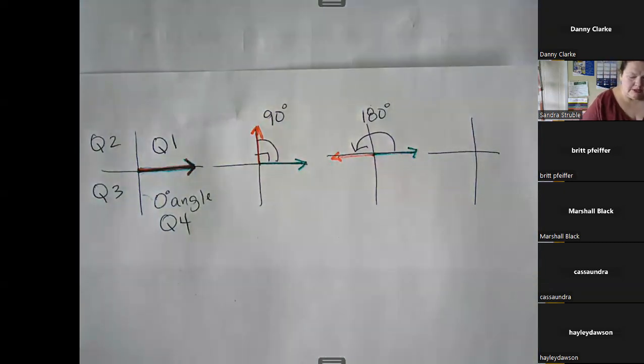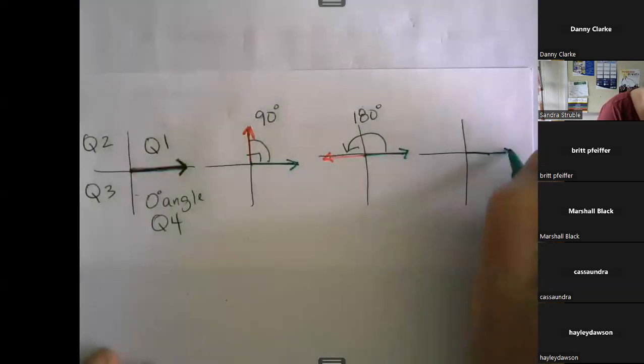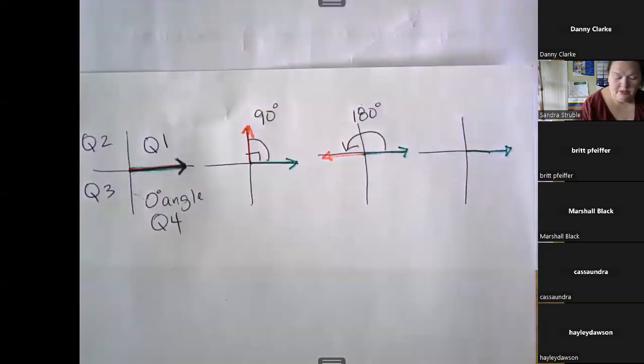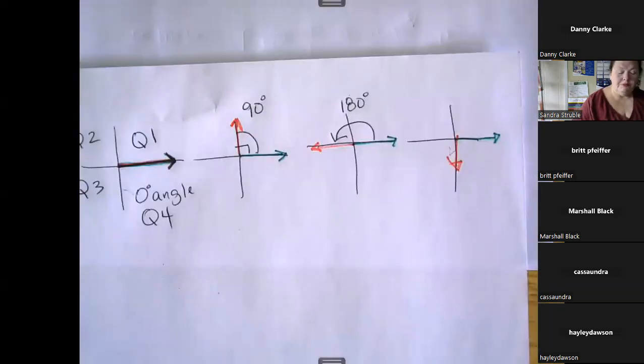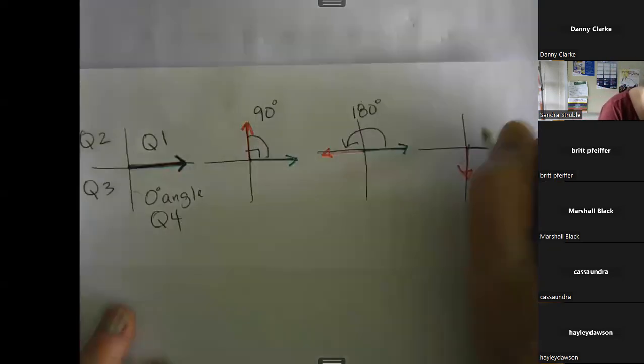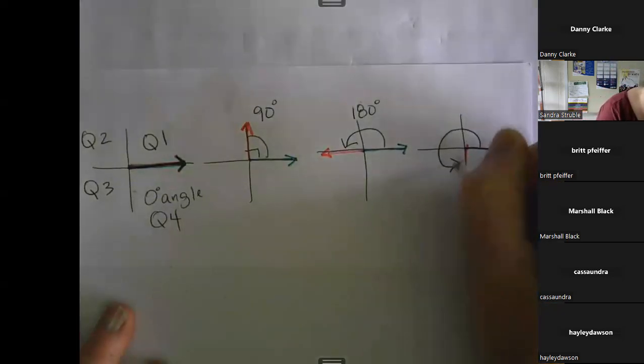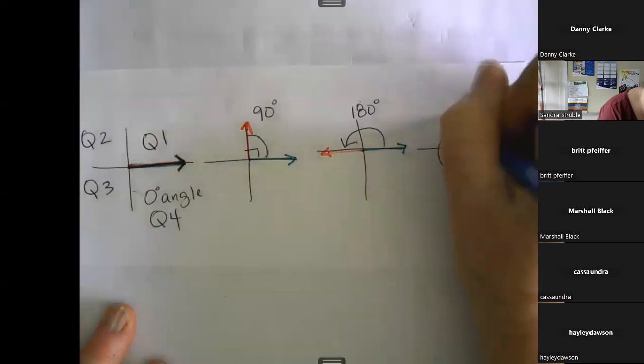Last one I want to talk about, 270, because we already talked about 360. 270, initial side here, terminal side here. Remember, I'm going counterclockwise, so all the way around this bad boy is 270 degrees.